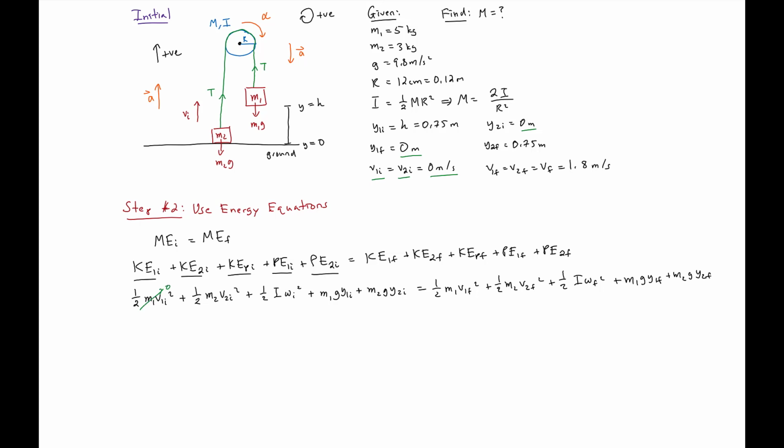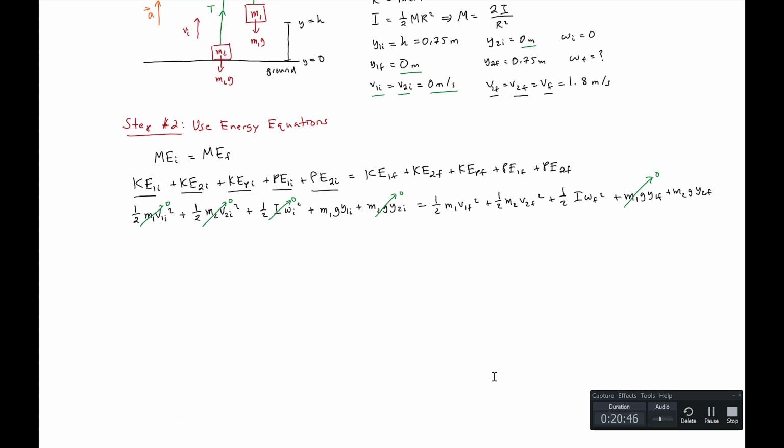We also know that the final height of the first mass, not the second mass, is 0, so that is 0. The initial height of the second mass is 0, so that goes to 0 as well.